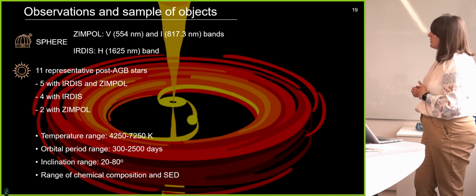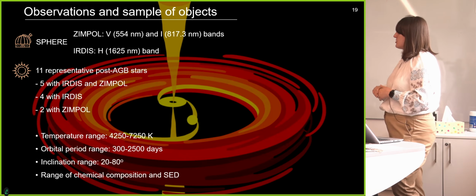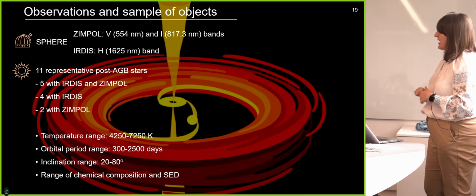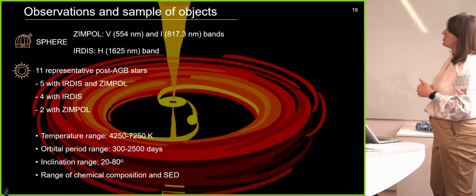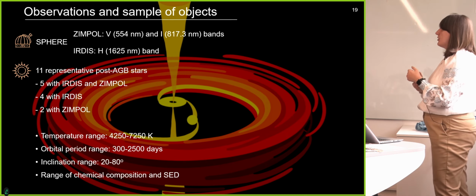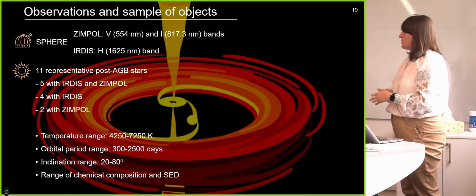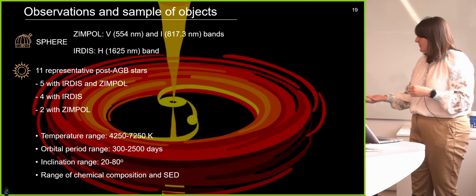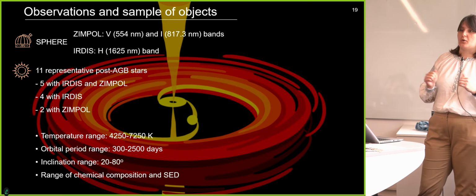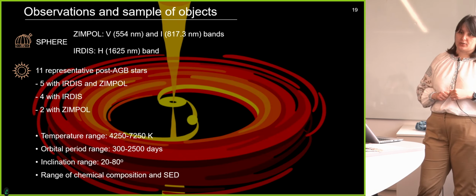The target sample consists of 11 representative post-AGB systems that have a quite wide range of temperature, orbital period, inclination, and also range of chemical depletion efficiency and shape of spectral energy distribution.